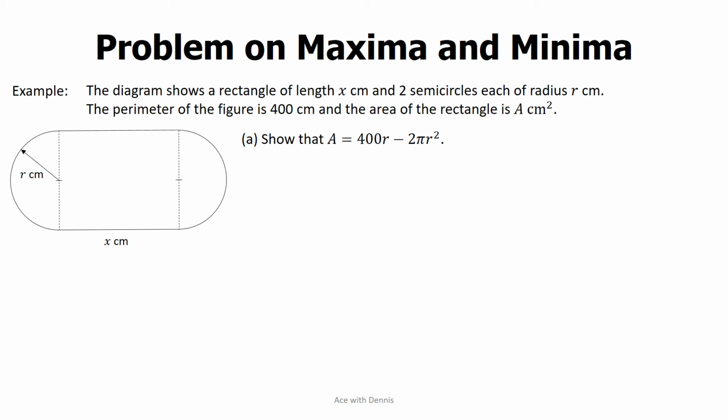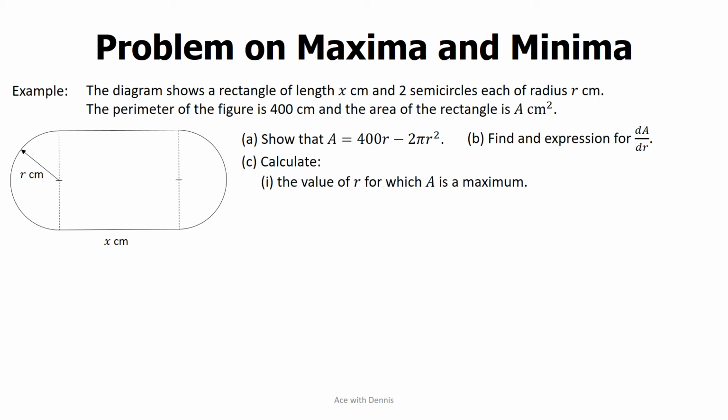A. Show that A equals 400r minus 2 pi r squared. B. Find an expression for dA over dr. C. Calculate 1. The value of r for which A is a maximum. 2. The maximum value of A correct to 3 significant figures.